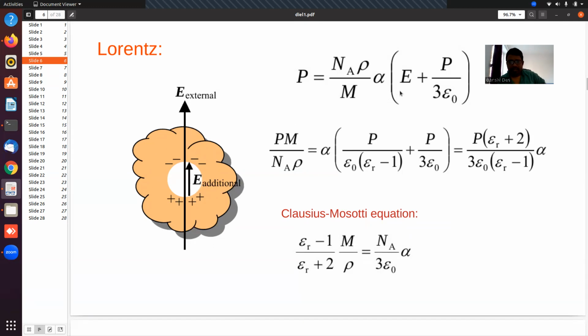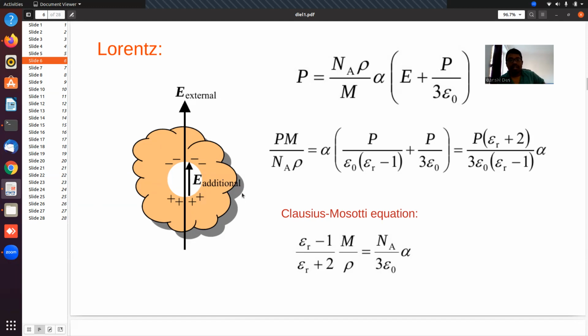And this is then the total electric field inside the dielectric material. If we want to calculate the local electric field inside the dielectric material, then we have to consider both the external electric field plus this local electric field.